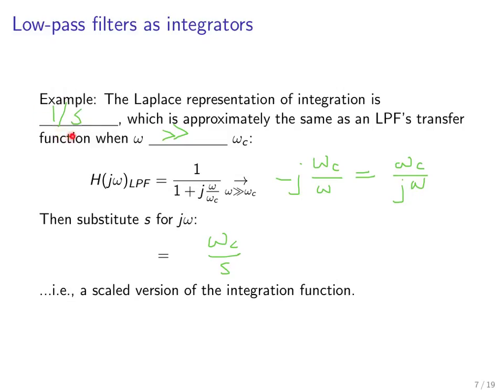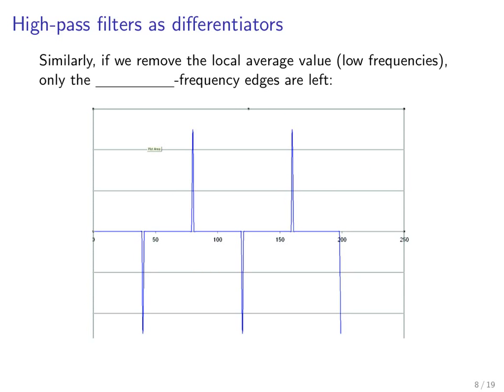This is what we apply to a given function's Laplace transform in order to get the transform of its integral. And we find that here the low-pass filter at very high frequencies has the same form as that integration function. So that's another way to see that low-pass filters act as integrators.